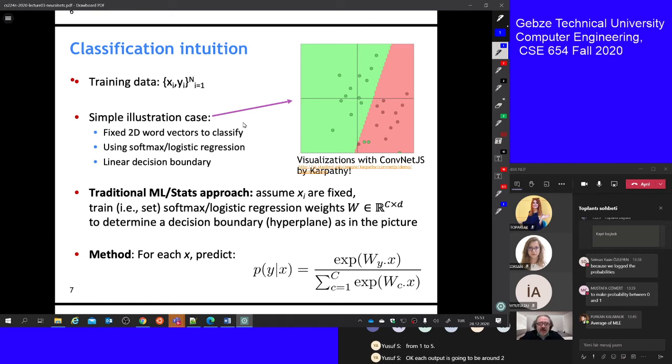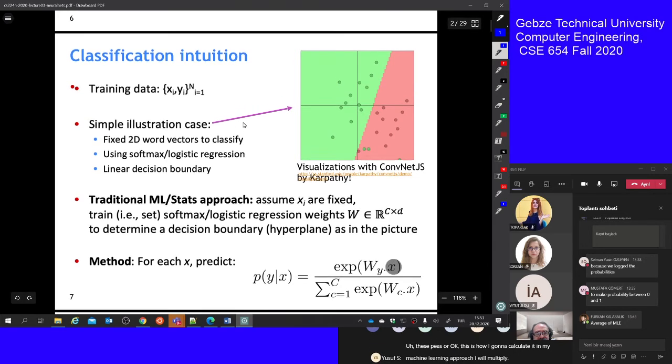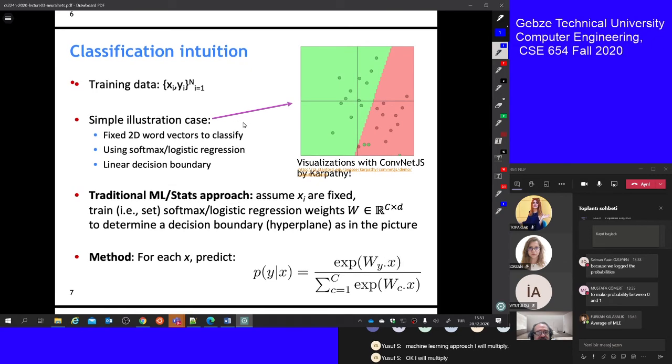So how am I going to calculate these P's in my machine learning approach? I will multiply X with WY, where WY are the weights of class Y. Remember we have 5 classes.